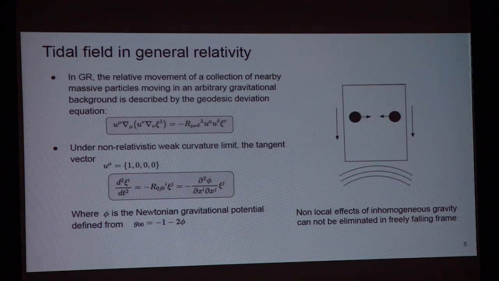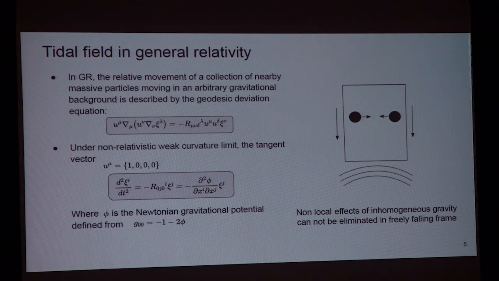And so in GR you want to consider non-local effects, and non-local effects we know from Einstein's equivalence principle essentially mean that inhomogeneous gravity cannot be eliminated in a freely falling frame, because when a frame is freely falling there will be apparent forces, since both particles are being attracted towards the center of the Earth.